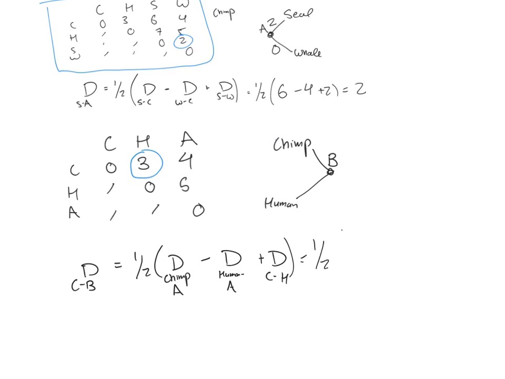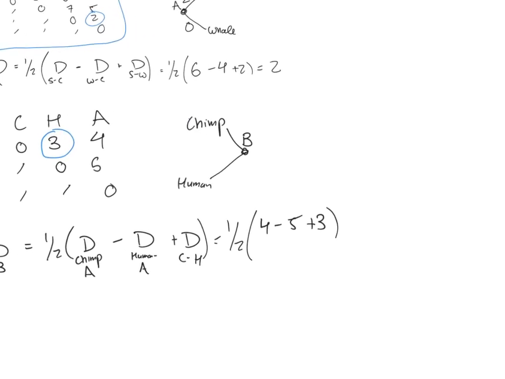So this is going to equal 1/2 times 4 minus 5 plus 3, and that equals 1. So the distance between chimp and B must be 1. And since the total distance here is 3, this one must be 2.